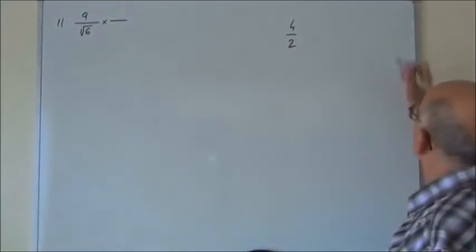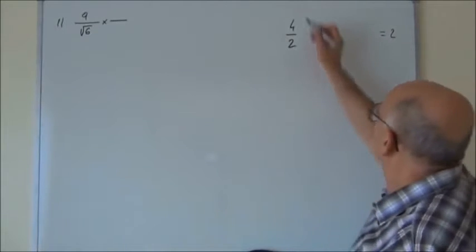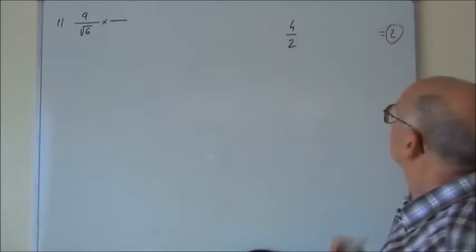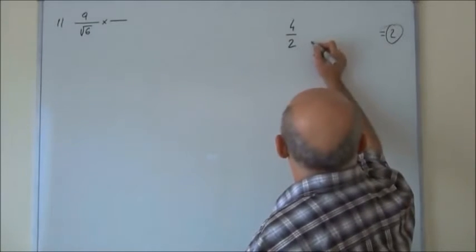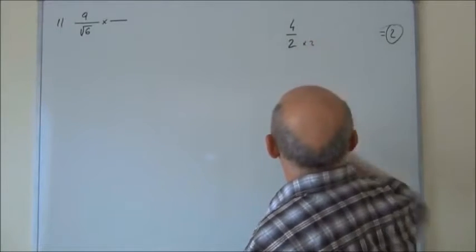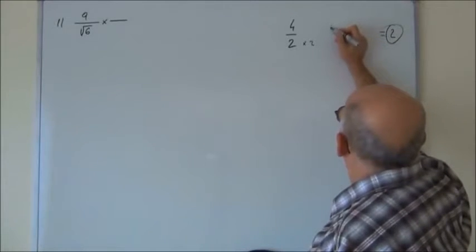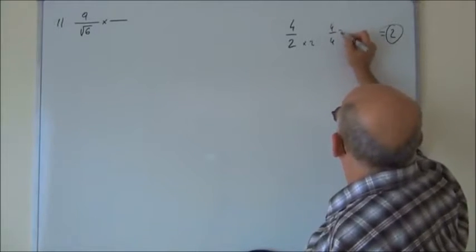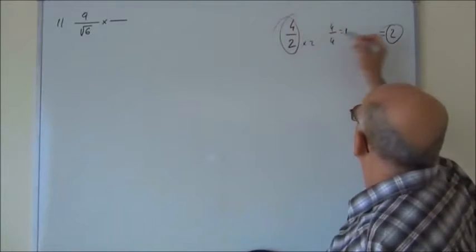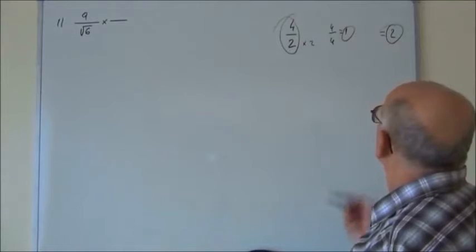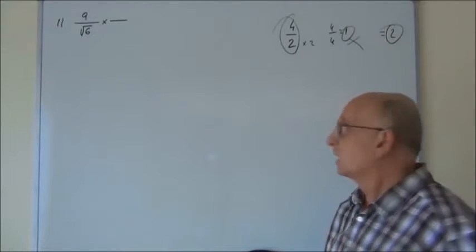Of course 4 on 2 is equal to 2. Now if you multiply only the denominator, you will have 4 over 4, which is 1. So you change this to some other value, and that definitely can't work.